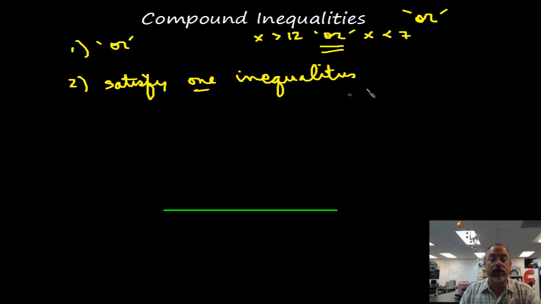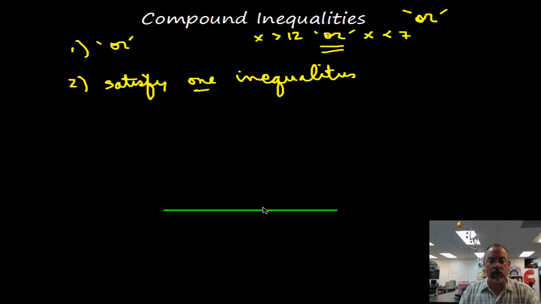It doesn't have to do both at the same time like the other one. I just need a number that's greater than 12 for this example, or a number that's less than 7. Either one will work. It doesn't have to be both, in fact, because you can't choose one number that is both. Okay, so those are the two characteristics of an OR.